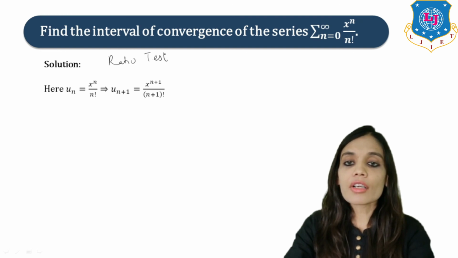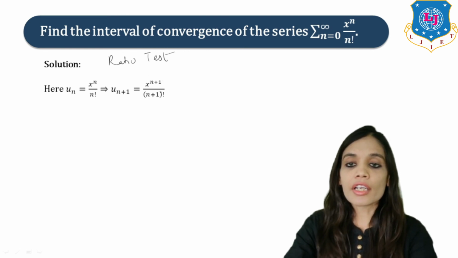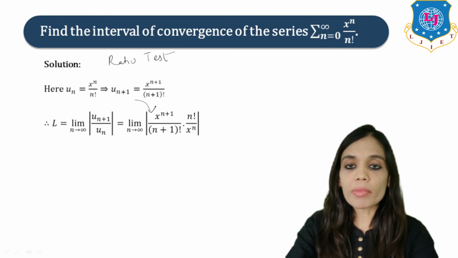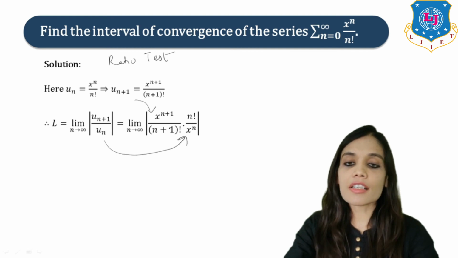Ratio test, right? So un plus 1 will be equal to x raised to n plus 1 upon n plus 1 factorial. Now let us find the limit. L is equal to limit n tends to infinity un plus 1 upon un. Put the value of un plus 1 and put the value of un by taking its reciprocal.